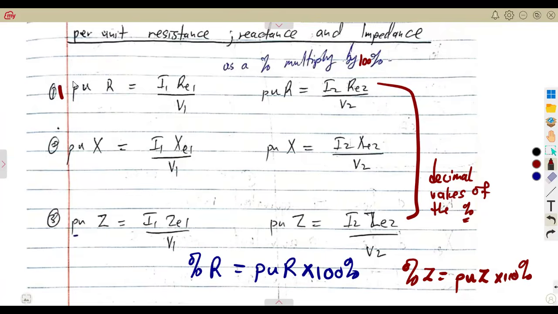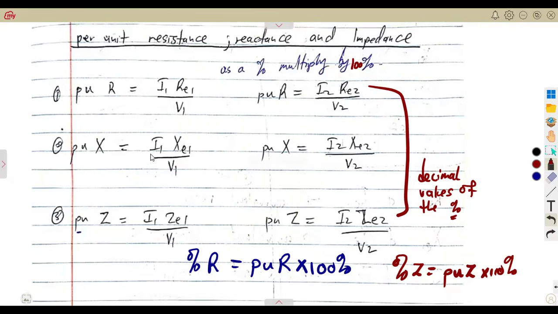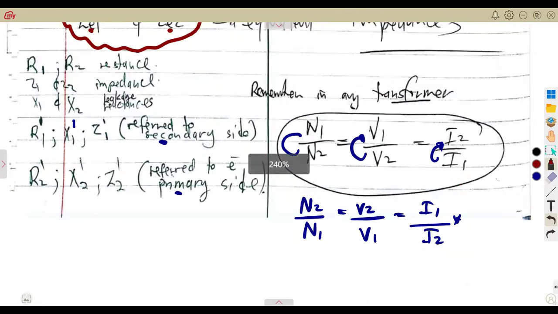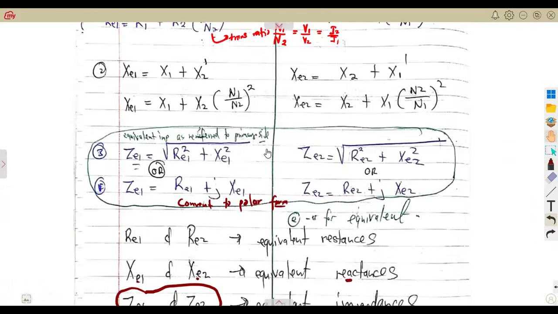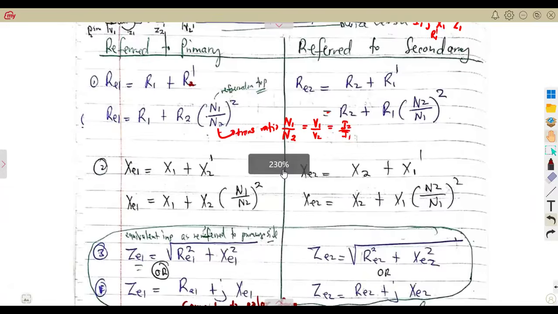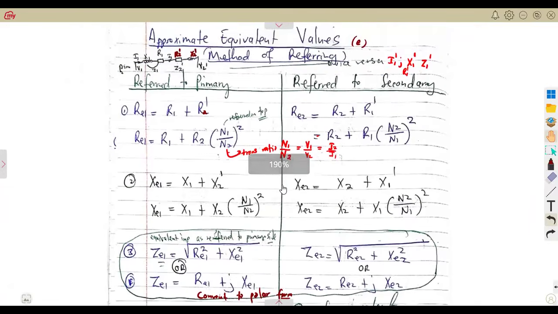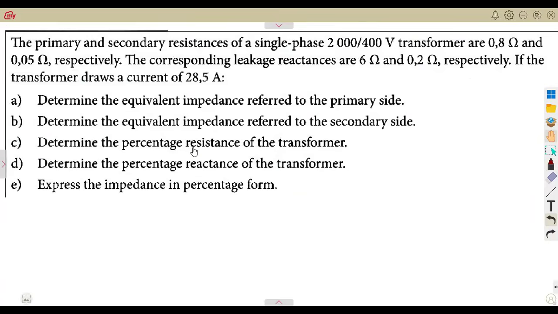If it is possible, then we can calculate their percentages. With this understanding, you can calculate any question that you are given. So I want us to consider, from what we had, which is the part of our equivalent values, up to the per unit values, which can be given as percentages in answering typical questions.